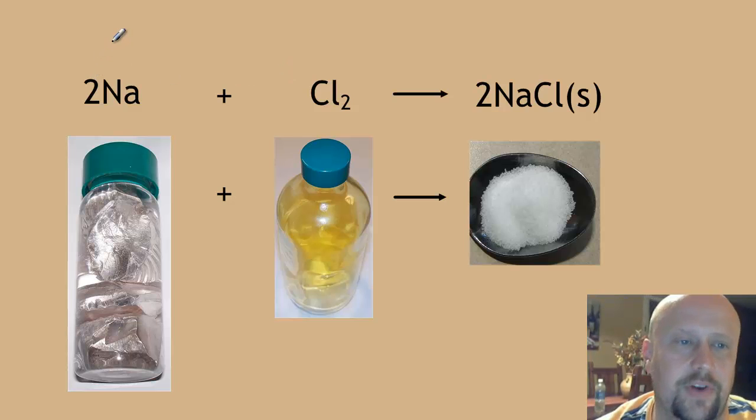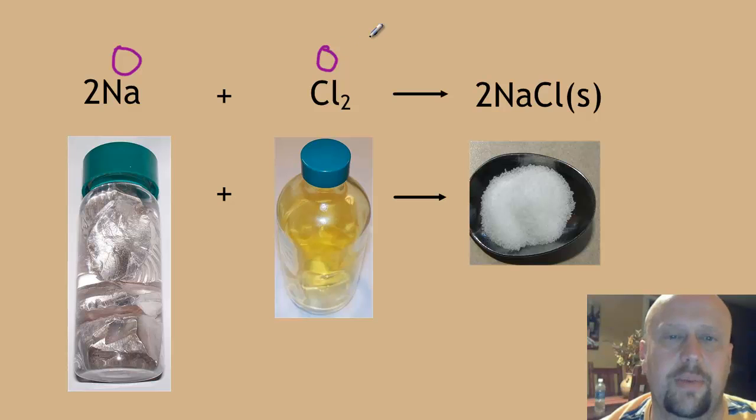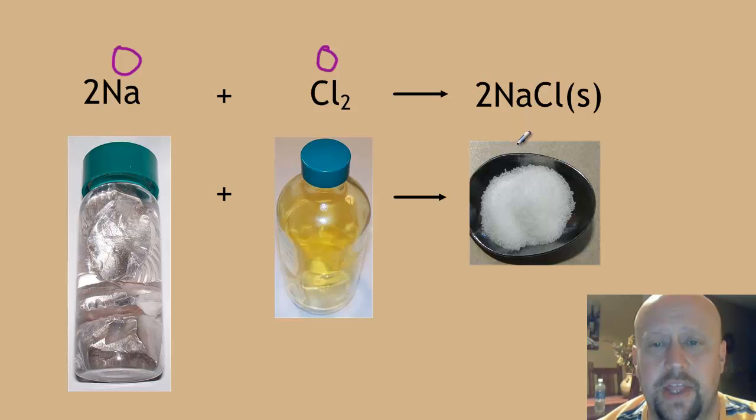What matters for us in terms of redox is we want to see what the oxidation numbers are. Sodium on the reactant side is a 0, and so is chlorine. The reason for that is that both of these are in their pure uncombined state, and neither one of them is an ion right now. This is sodium metal, this is chlorine gas. They both have an oxidation state of 0.